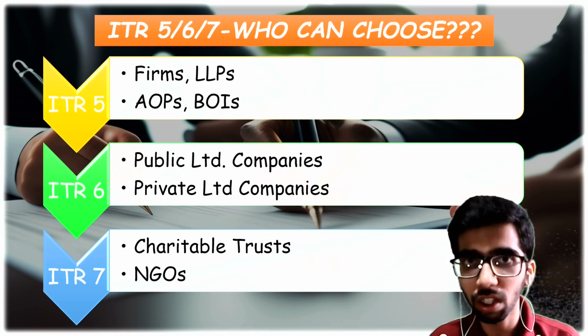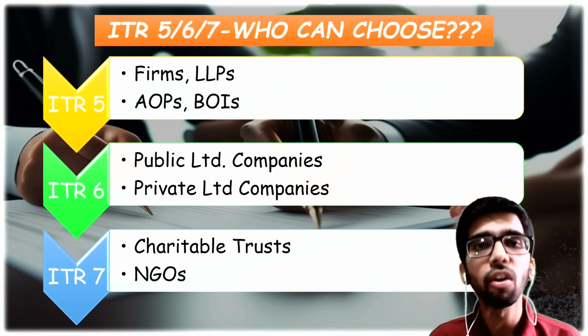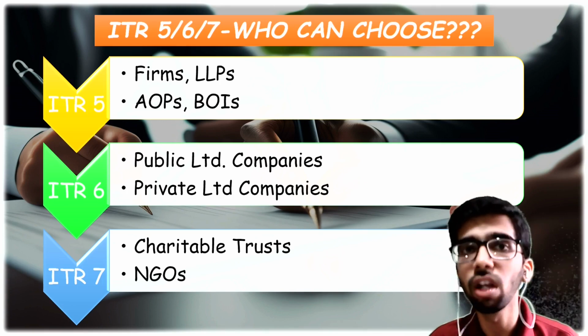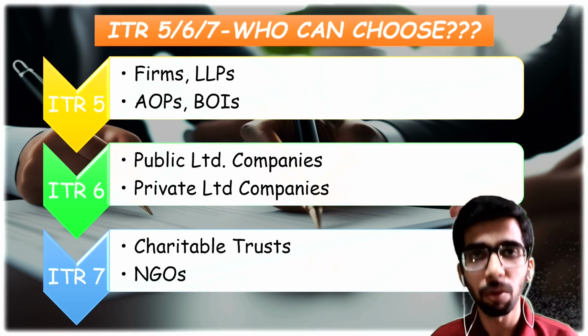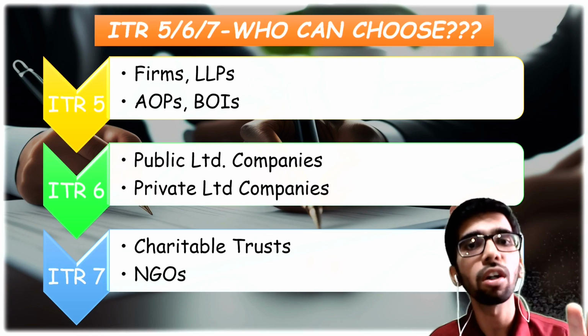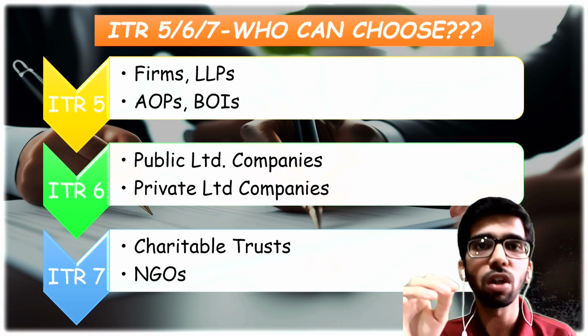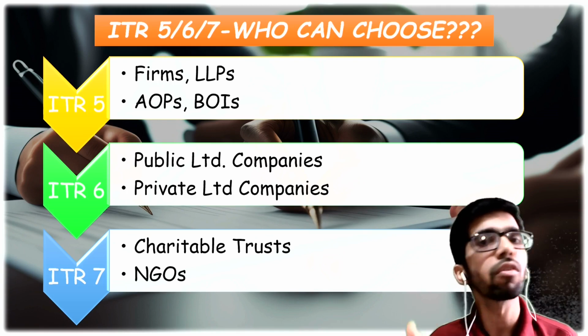So be cautious, take a wise decision from experts, and then go ahead with your filing of income tax return. Only 15 days are left from now. So be careful, file your income tax return within the due date to avoid consequences, that is late fee or interest under section 234A or a late fee under section 234F.